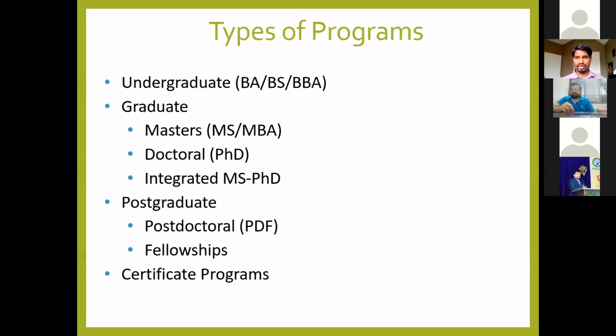You have to remember, this is a much easier path from the financial point of view, because most PhD programs provide you full scholarships. I will talk about that in a minute on another slide. So these are different types of graduate programs. You can go for a master's, an MBA, a PhD, or an integrated MS PhD.